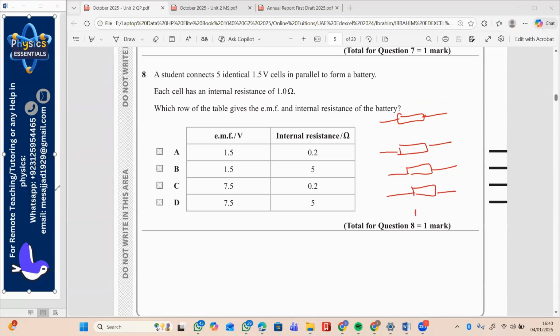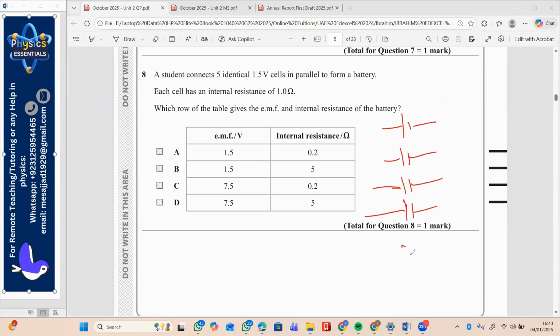Oh, my apology. Batteries. 1, 2, 3, 4, and 5. One leg should be bigger and the second should be smaller, because the bigger leg shows positive, the smaller leg shows negative.